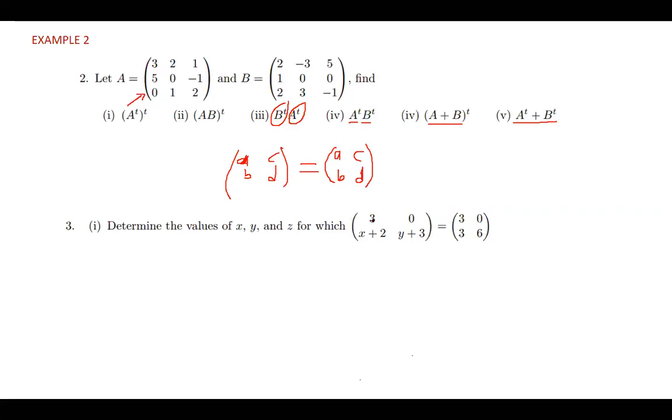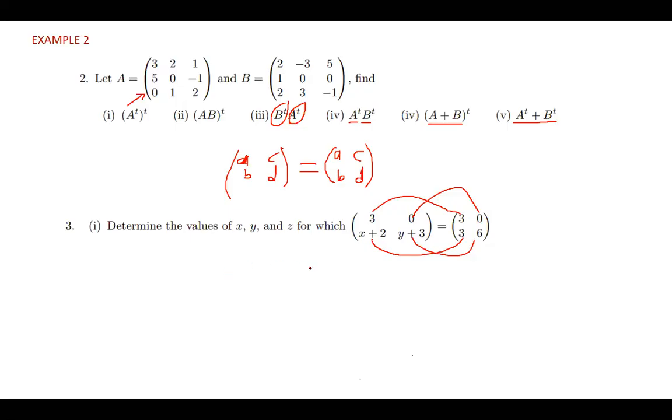As you can see here, this 3 is just the same as that 3. This 0 is just the same as that 0. So if these two are the same, it means that even the remaining ones are the same, which implies that this x plus 2 is just the same as that 3. And then this y plus 3 is just the same as that 6.